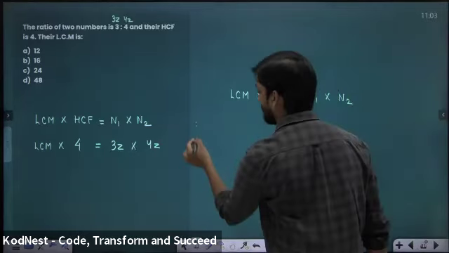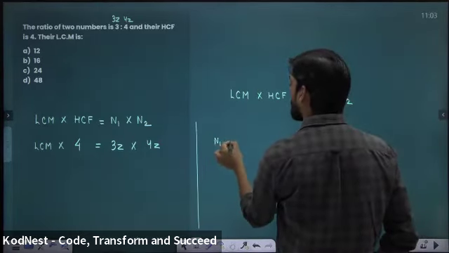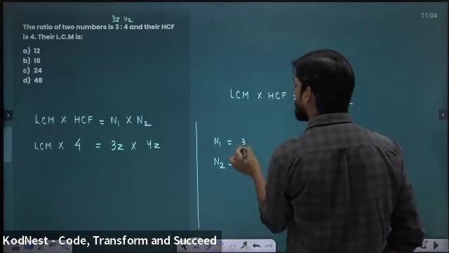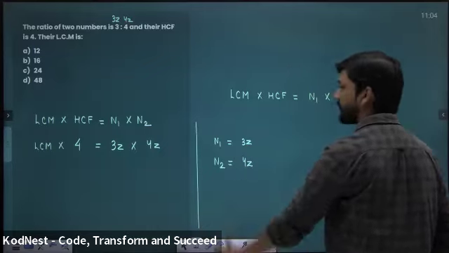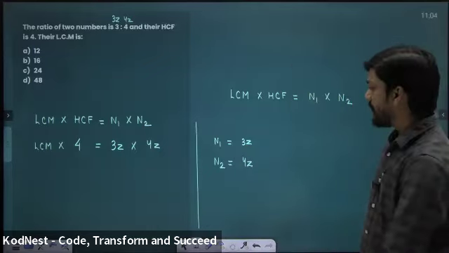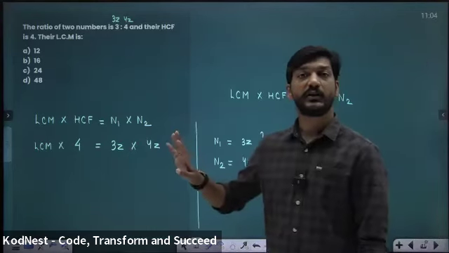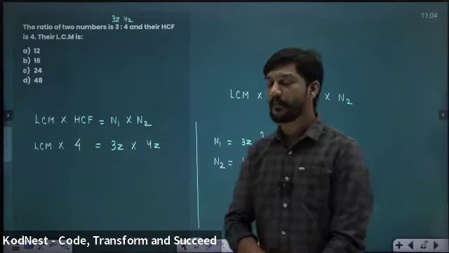So again think, what are the numbers you have taken based on the ratio? Ratio is 3:4, so you have taken the numbers as 3z and 4z. Please carefully answer. Don't see what number is given to you; HCF is given as 4, we will see later.